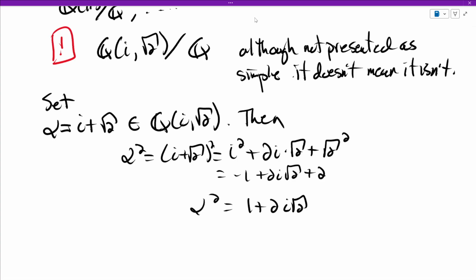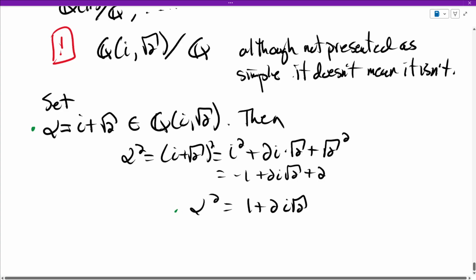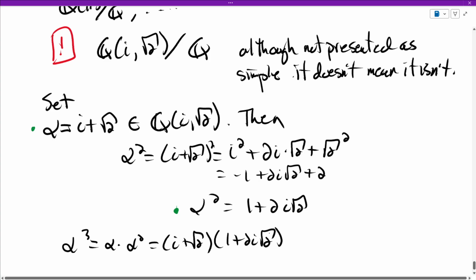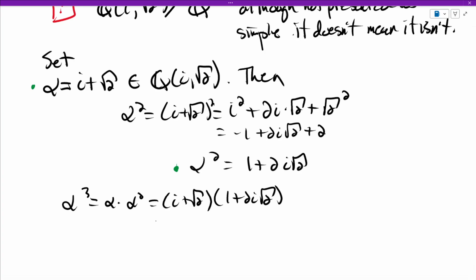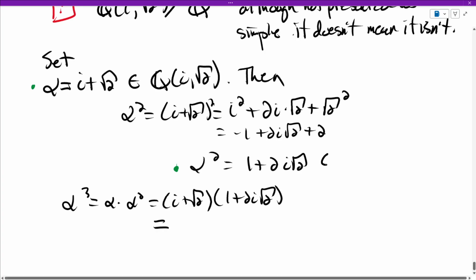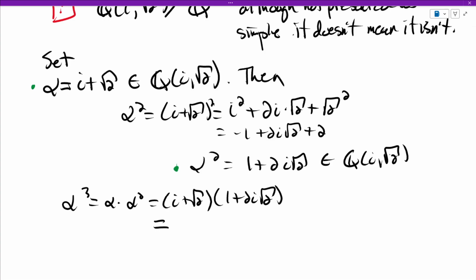All right, fine. So here we have alpha. Here we have alpha squared. Let's look at alpha cubed now. So that's alpha times alpha squared. Alpha is i plus root 2. Alpha squared is 1 plus 2i root 2. Let's do this product.